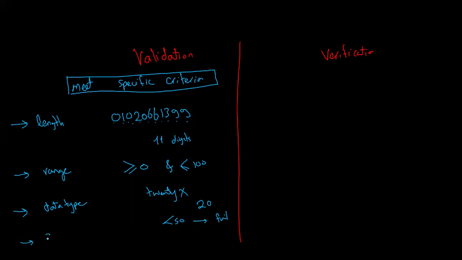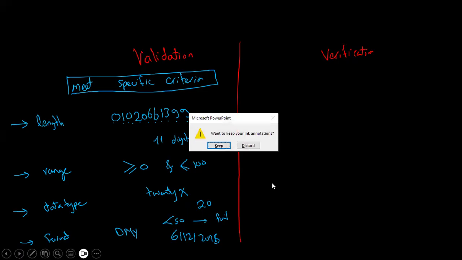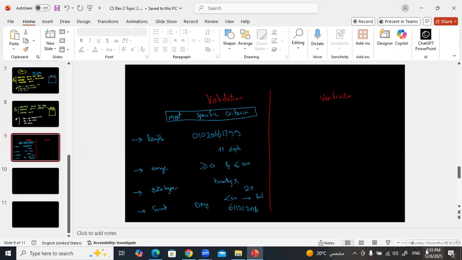Sometimes the validation is format, like in date. We can find that some people write the date DMY, days and months then year. For example, today it is 6 December 2025. But if you check my computer, you can find that we have month and then day and then year.